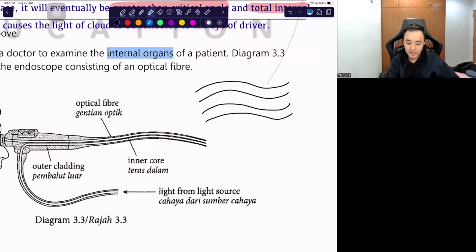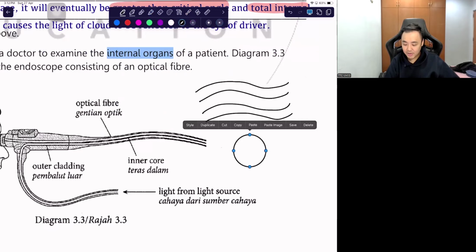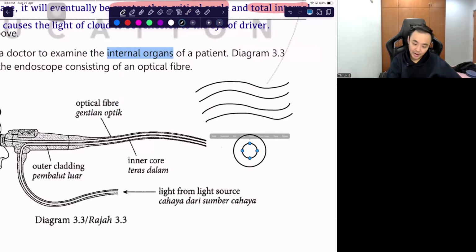So if you look at it from the front, you get two layers, one layer outside, one layer inside. Here, this is the inside layer, and this one is the outside layer.